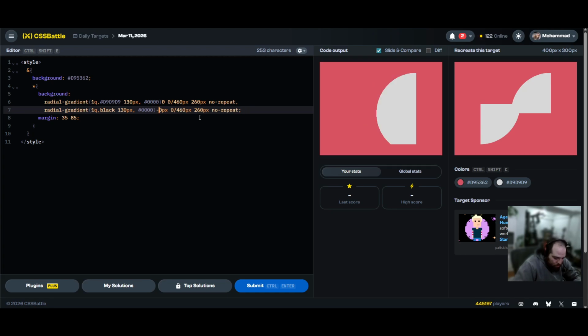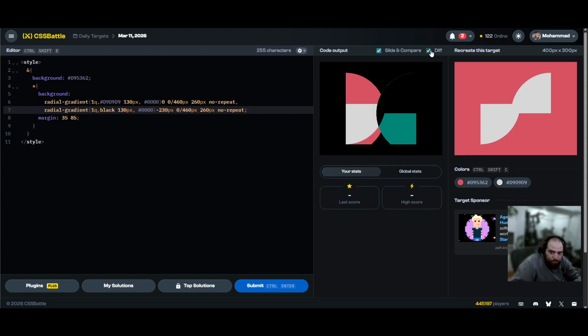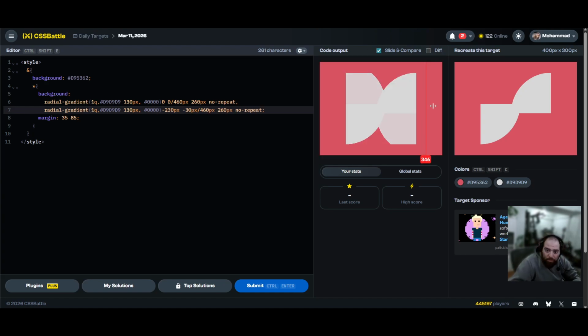Minus 230. Put it back to this color instead of black, and then we'll go 230, 240, 250, 240, 230, and then minus 30px. I don't know. Oh, okay, I'll take it.